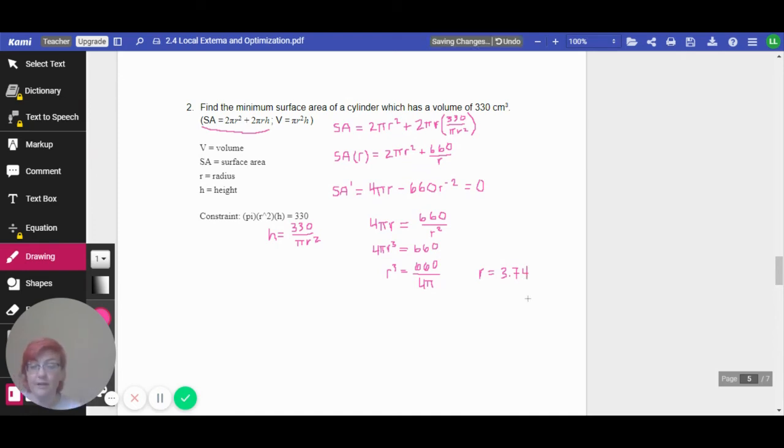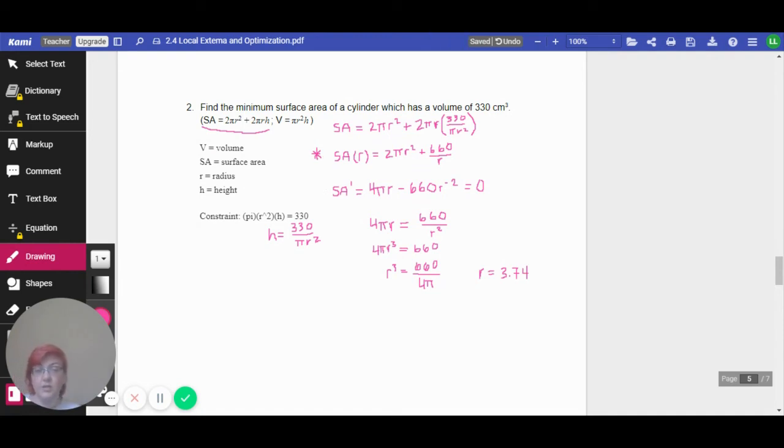Okay, got that. Now I need to plug that in to my function here to find the surface area.